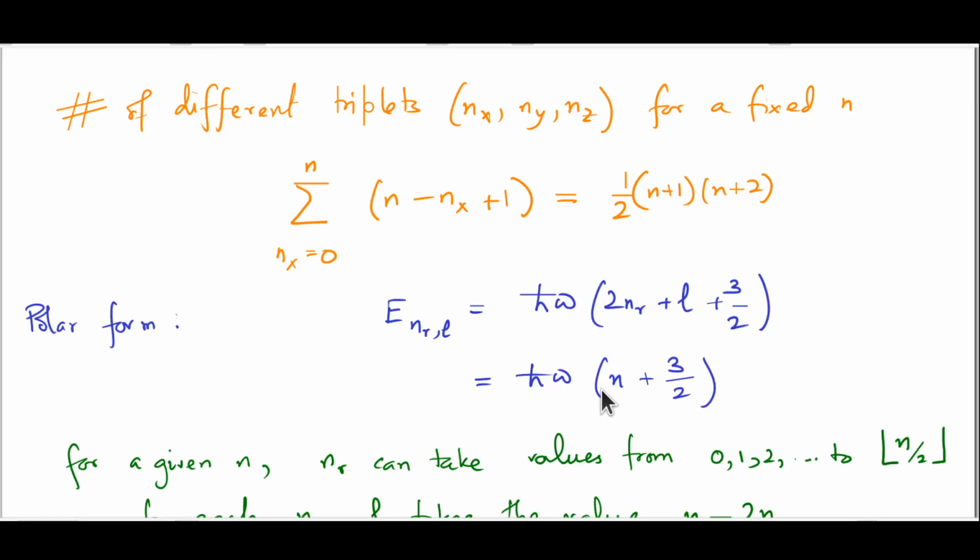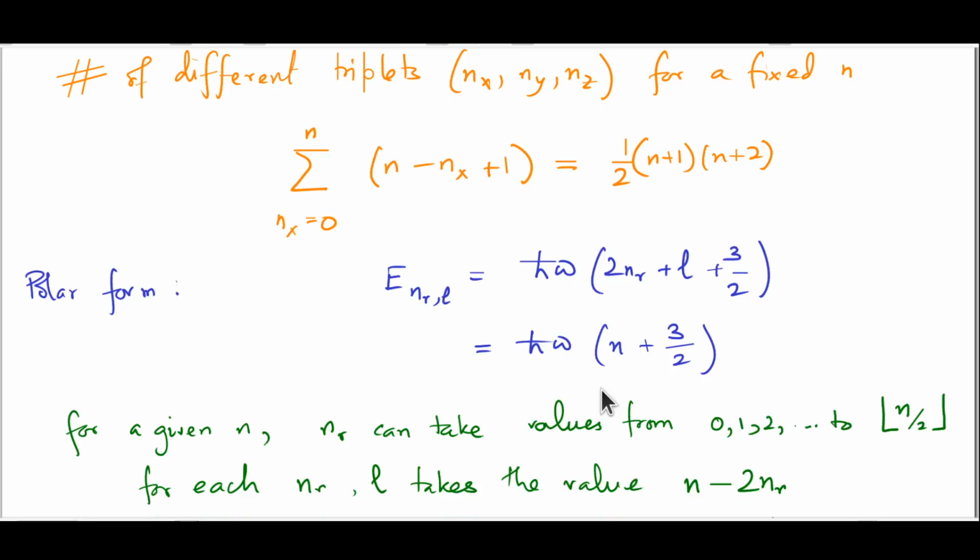For a given n, nr can take values which go from 0, 1, 2 all the way up to the floor of n by 2. Right? Because if n is even, it goes to n by 2. If n is odd, it goes to (n minus 1) by 2. Okay. Now the important point is, for each nr, L takes a very fixed value, n minus 2nr. There is no possibility of any further change after that.